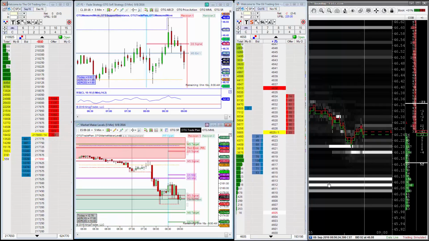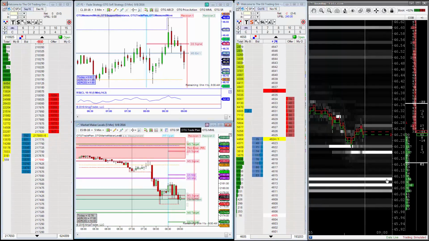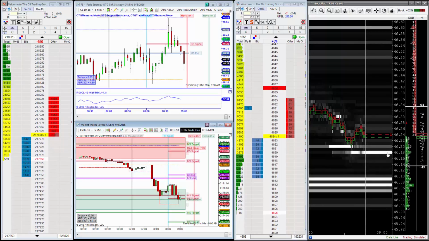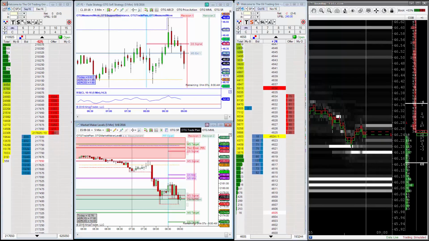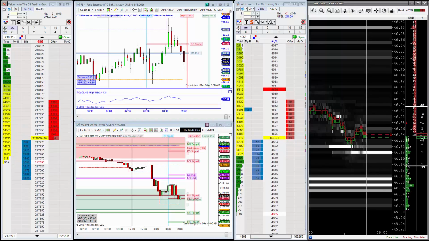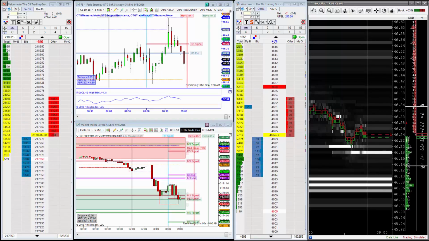Got to get underneath that 20 level. You've got volume and liquidity stacked up at 20, then down at 18, and then again down there about 10 ticks later at 09. I'd like to go test that 09.8.